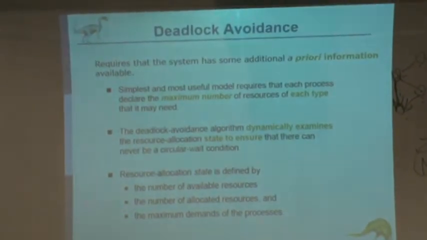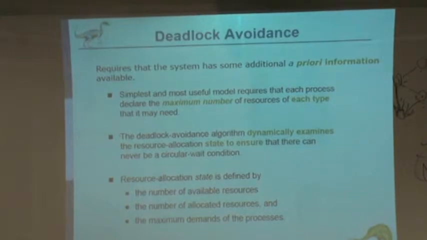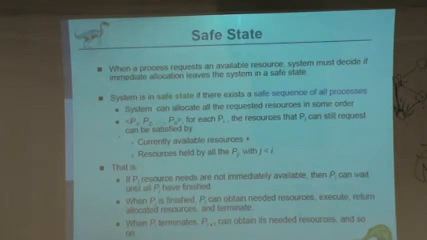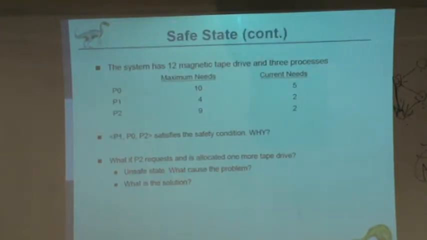Then how can we check? To do that, we need to consider the number of available resources, how many of them are allocated, and how many resources are needed. So let's take a look at one example.